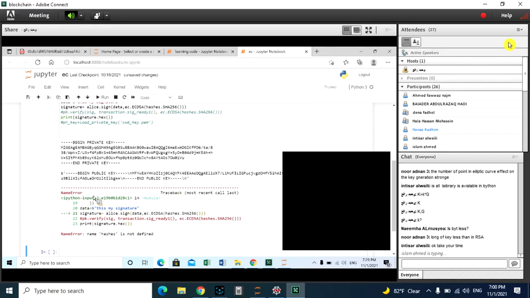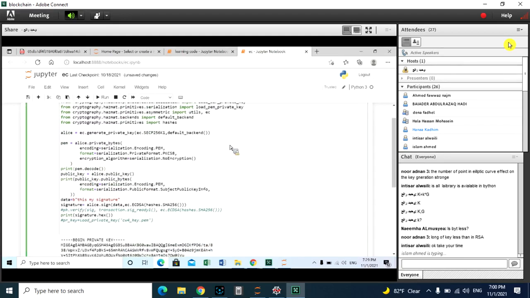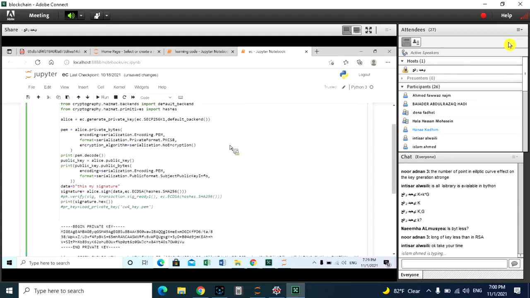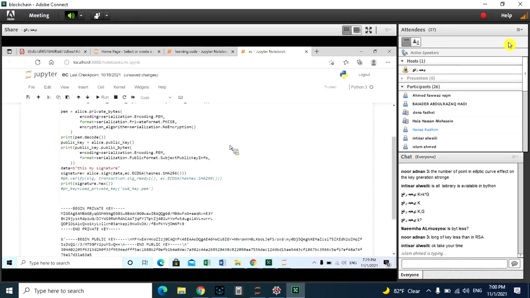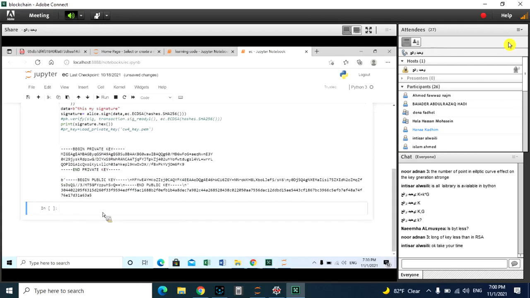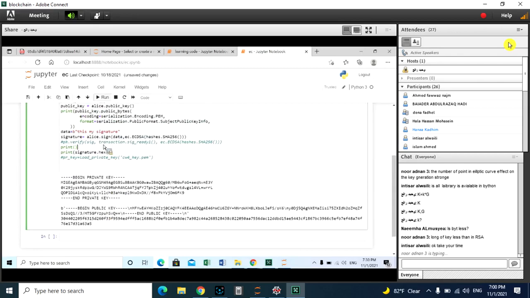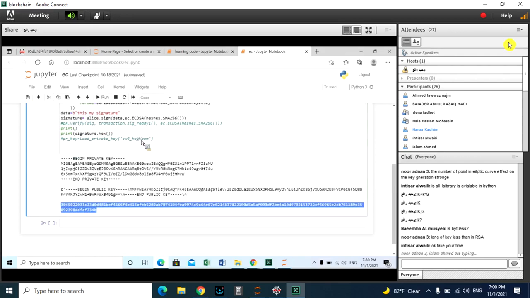This is our signature. So to sign a message, this is my data or my message, and using this command, I put the data and this parameter here and create the digital signature.